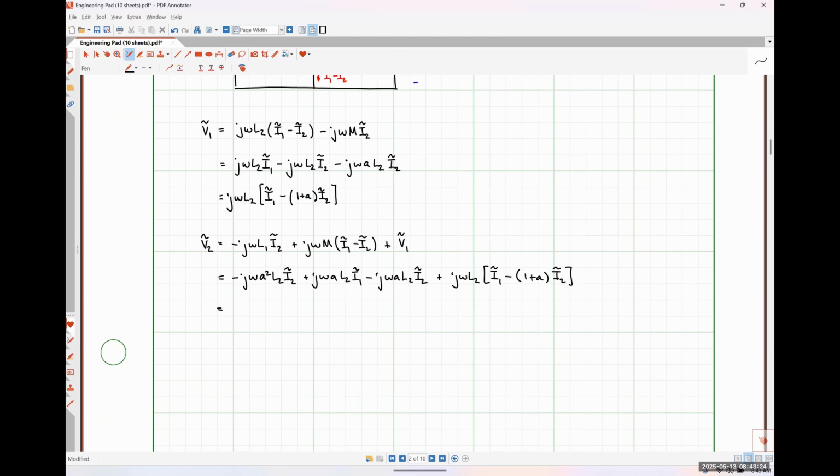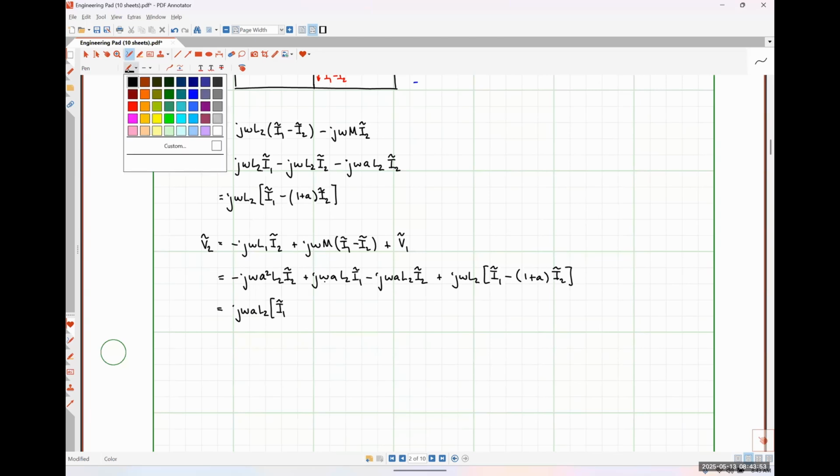There is a common factor of j omega A L2 in all of these terms on the left-hand side, so I'm going to pull that out. Then I'm going to have an I1, like so. Let me make a note here: I've taken care of this term, where I have j omega A L2 times I1.